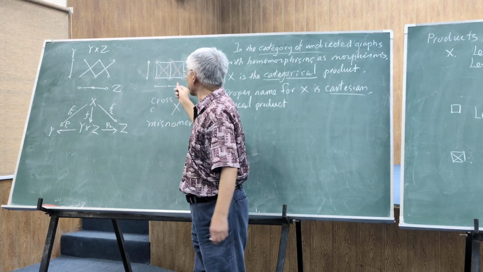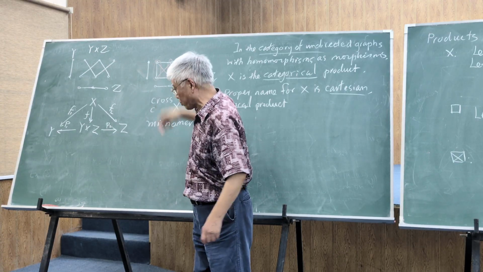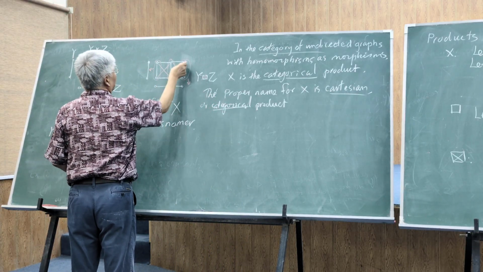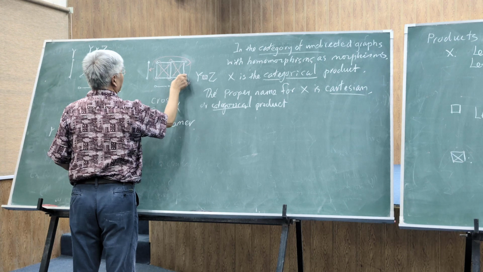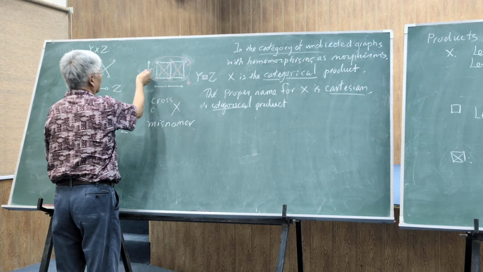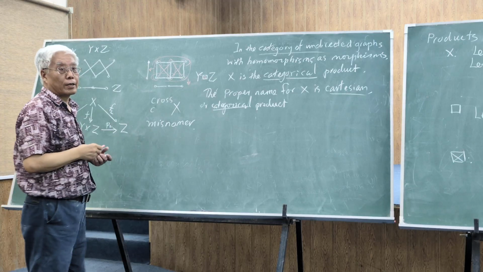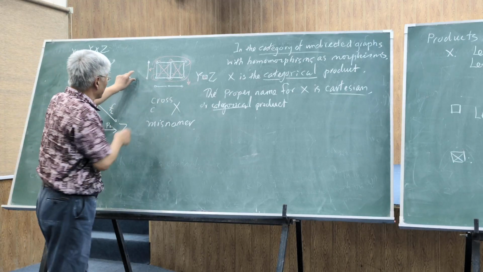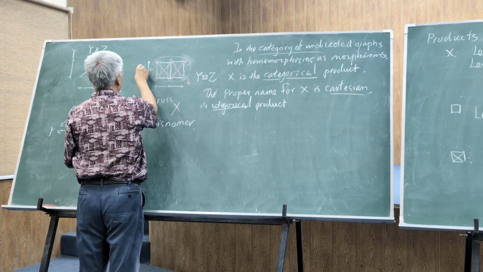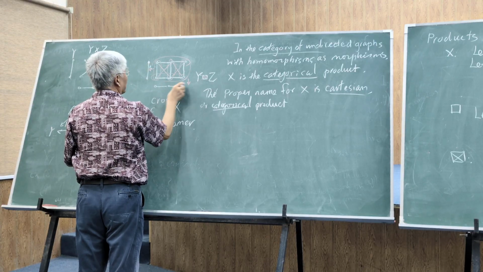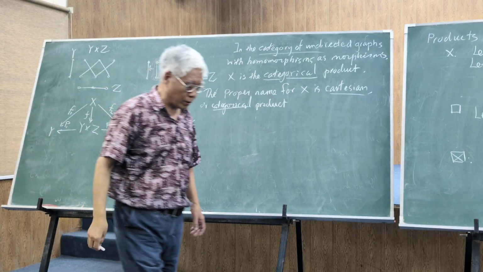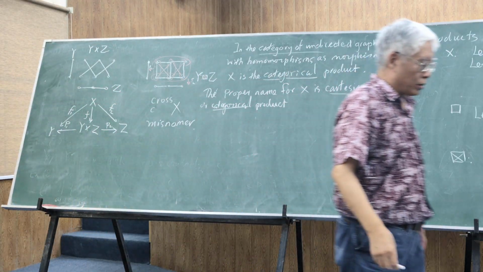Similarly, so this is the contraction marking, and similarly it goes that way as well. By partitioning into these three vertex parts, it is mapped onto this one. It's a contraction marking. So these two maps are natural projections P1, P2 in the category of undirected graphs with morphisms, contraction markings.